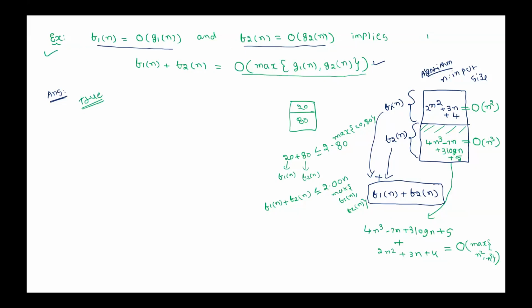Okay, so if you are interested in this, again we can prove it. We can prove it by using formal definitions. Formal definitions are useful for showing this type of relationships.